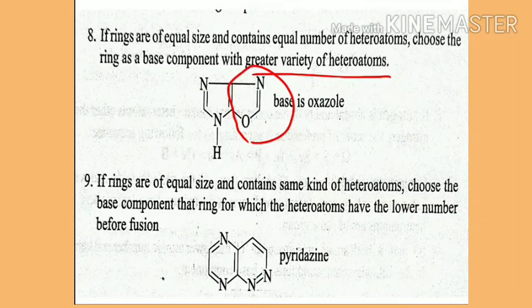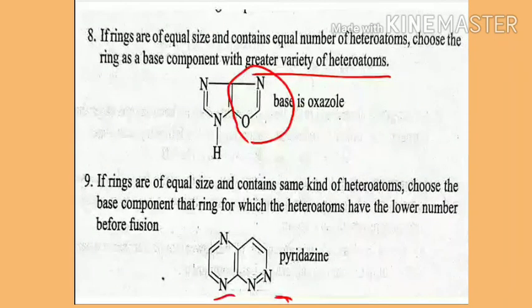If rings are of equal size and contain the same kind of heteroatom, here both rings have equal size, an equal number of heteroatoms and the same kind of heteroatoms. So we will choose as the base component the ring for which the heteroatom has the lower number before fusion.